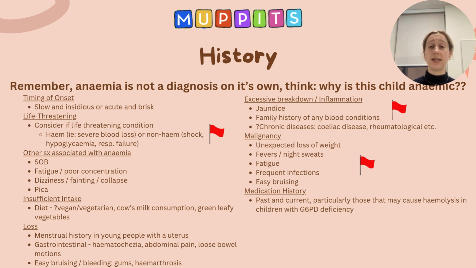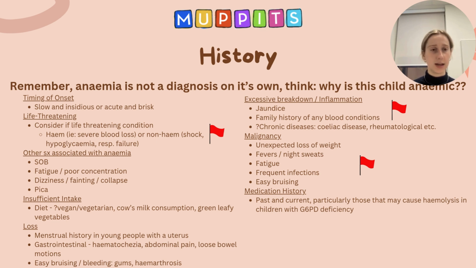If the child is anemic, considering do they have any other symptoms associated with the anemia? So shortness of breath, fatigue is obviously really, really common. Poor concentration or reduced concentration span at school can be a very commonly reported symptom or reported by parents and caregivers.